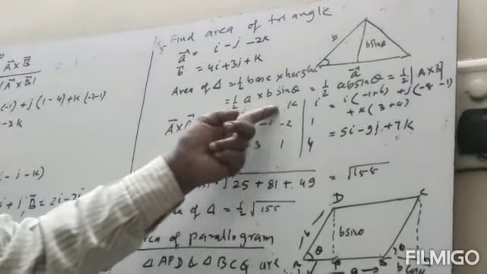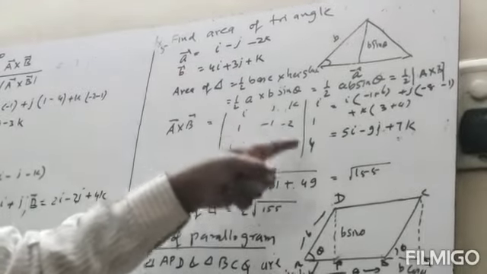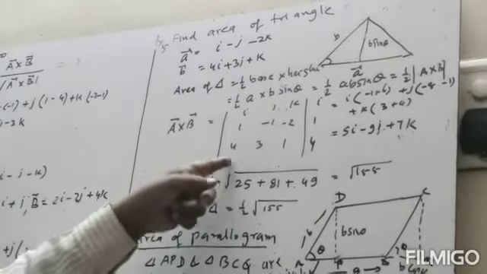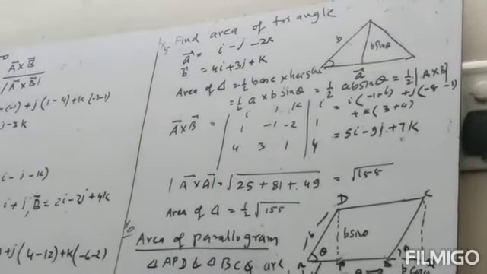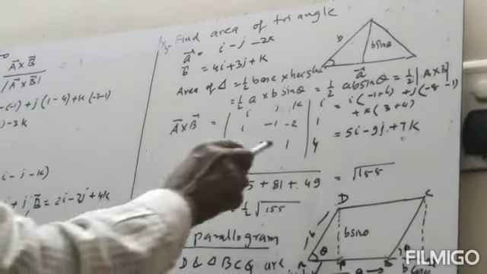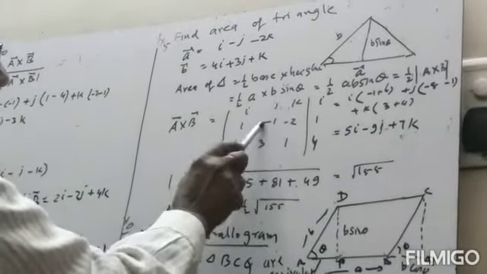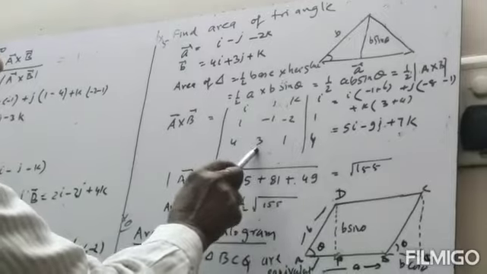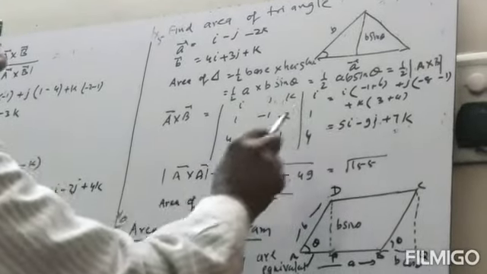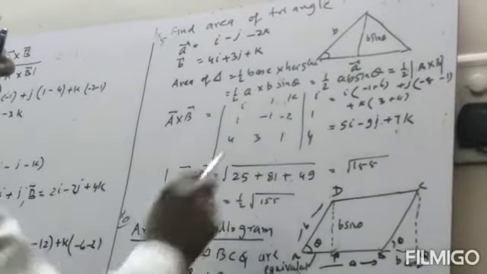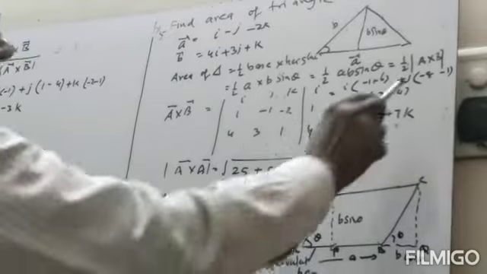So simply we find A cross B. Put i, j, k, 1, -1, -2, 4, 3, 1. So we repeat the first column. For i, 1 or 4, so i multiplied by -1 plus 6. j is -8 -1.